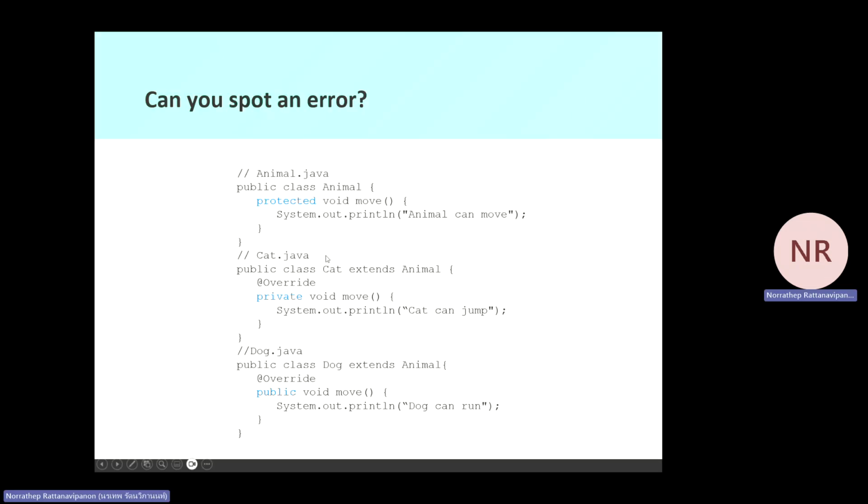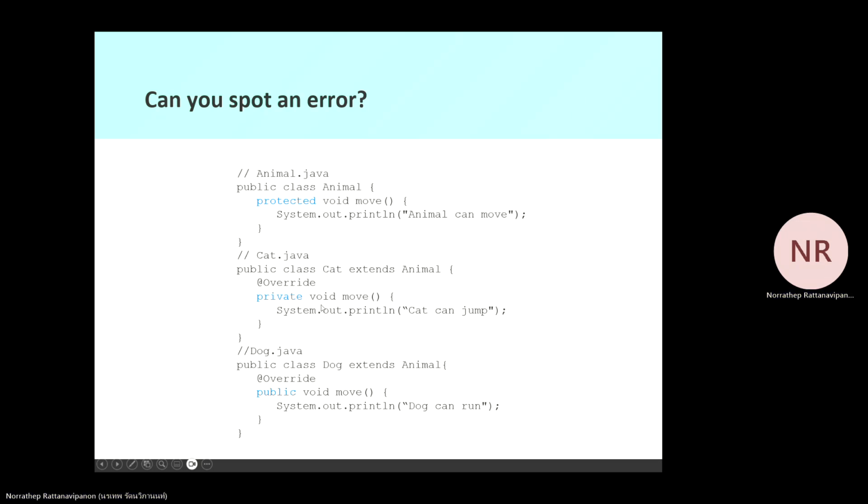So from there, let's see. If I declare three classes, Animal, Cat, which is a subclass of Animal, and Dog, which is a subclass of Animal, and the superclass has a method called move, which I declare as protected. For Cat and Dog, I override this method. I change the visibility from protected to private in Cat, and from protected to public in Dog.